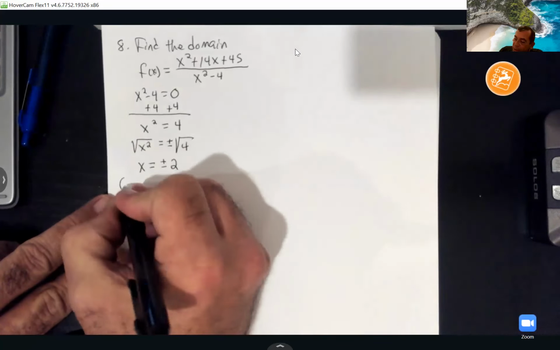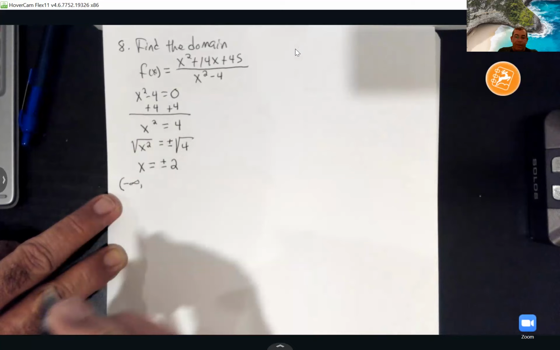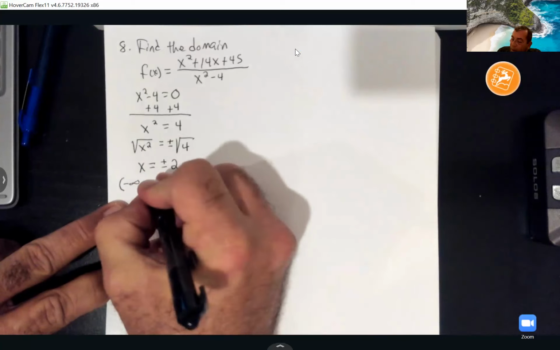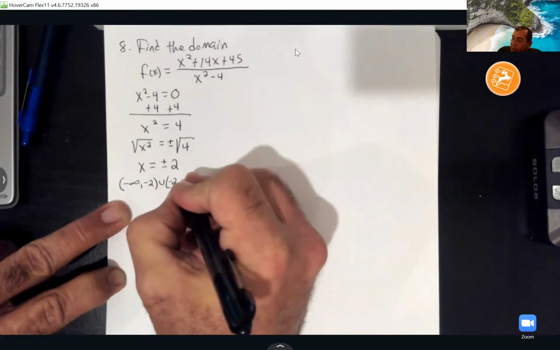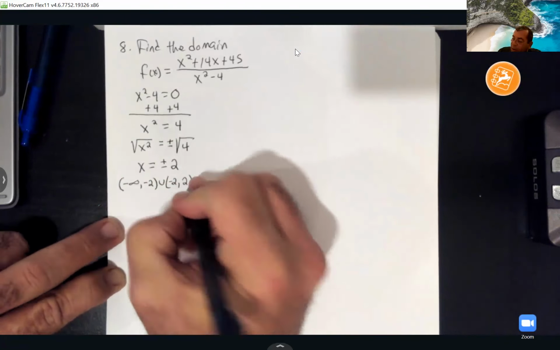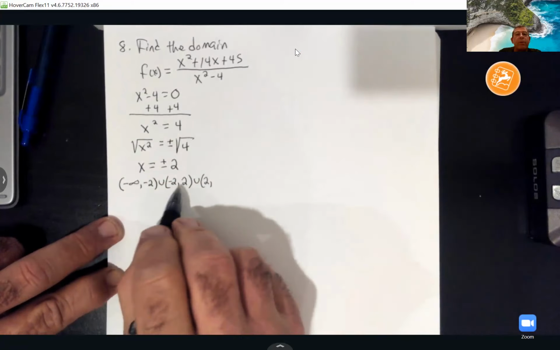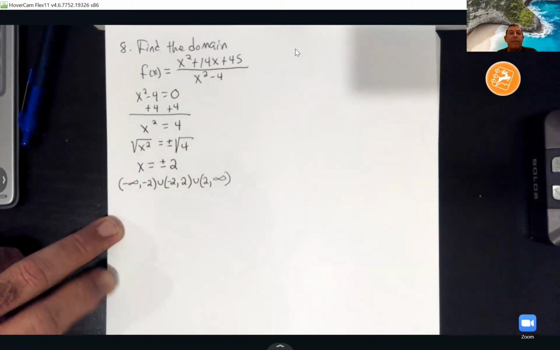So our domain is going to start at negative infinity until we hit negative 2 first. We're going to union around negative 2 till we hit positive 2. And then we're going to union around positive 2 until we hit positive infinity.